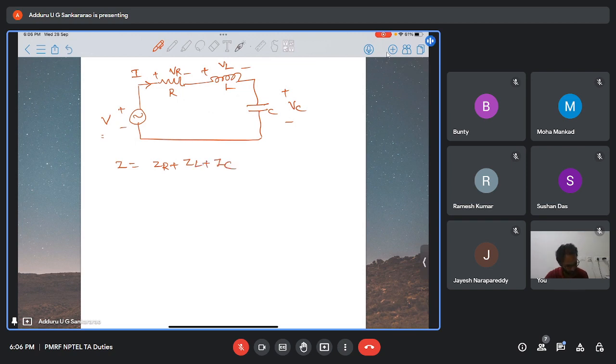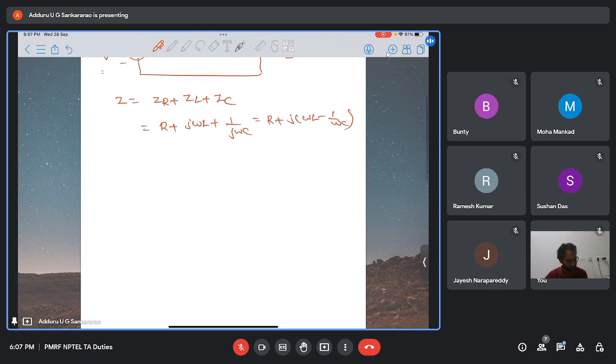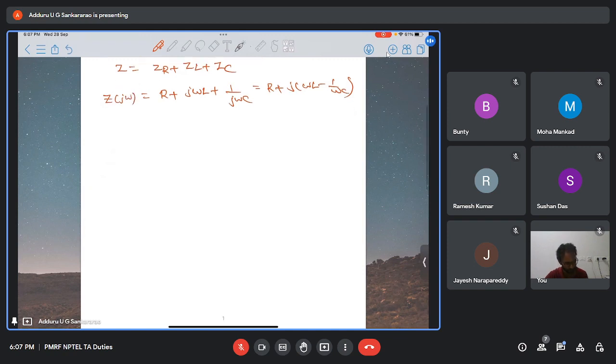Here ZR means R, ZL is j omega L, and ZC is 1 by j omega C. Now this I can write as R plus j into omega L minus 1 by omega C. So this is the impedance of the circuit. This impedance is a function of frequency.